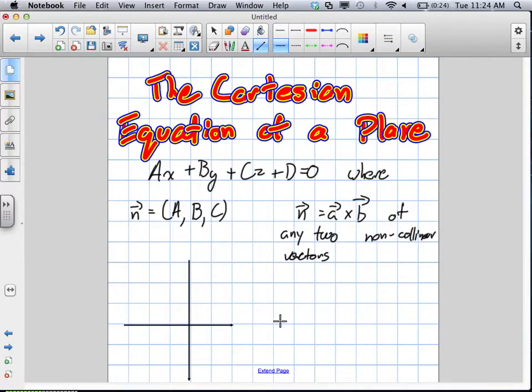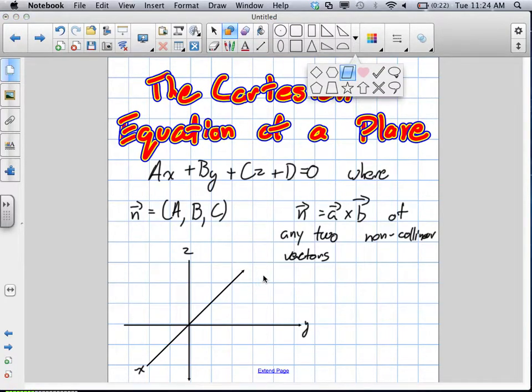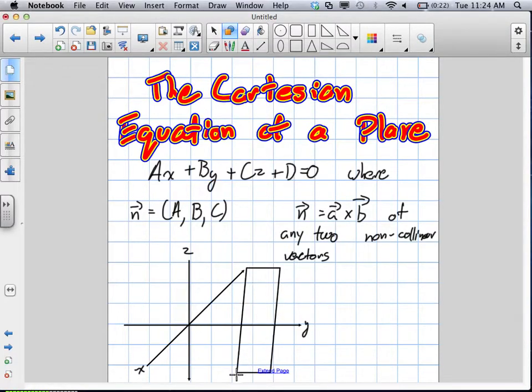If we're in 3 space, x, z, y, and we have some plane in 3 space with us here. We'll try to do the plane on an angle.